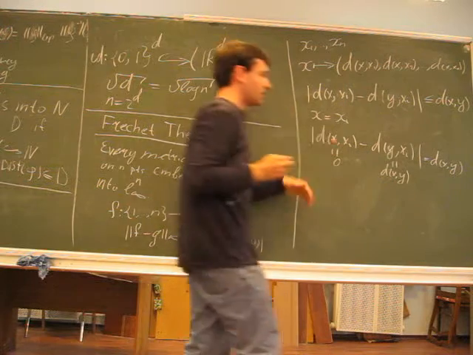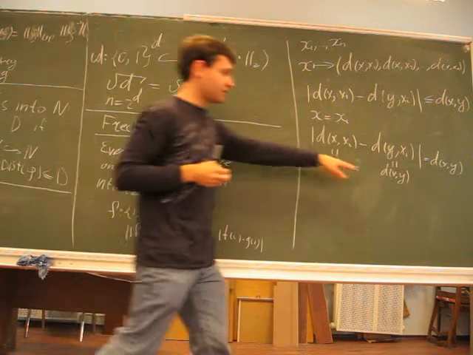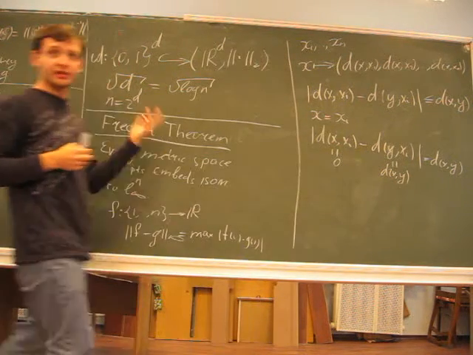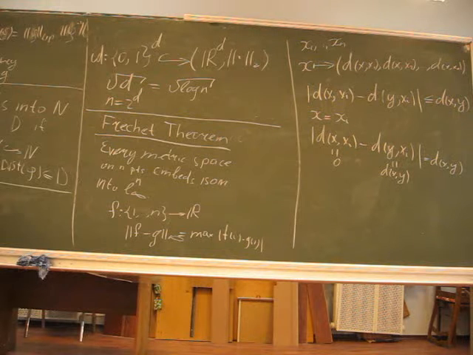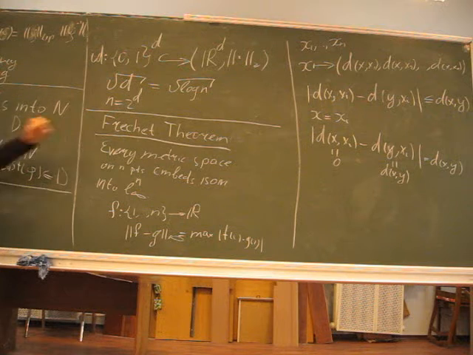So we found a coordinate in which the difference is equal to the distance. And this implies that our embedding is an isometry. Do you have any questions about this proof?